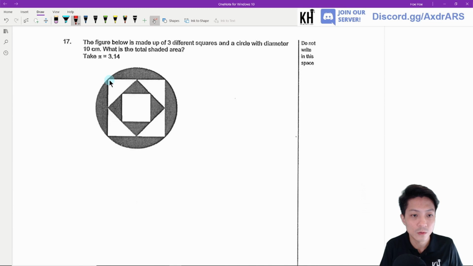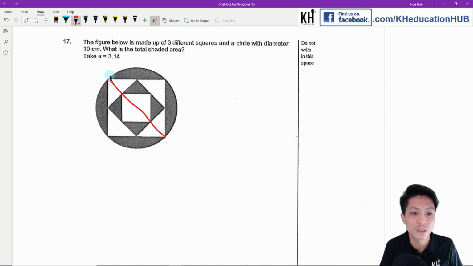Okay, so I'm going to draw the diameter first. The diameter will be like this, cutting from the diagonal of the bigger square to the other diagonal of the bigger square. So if I were to cut up the other diagonal, this bigger square will be cut into equal triangles.